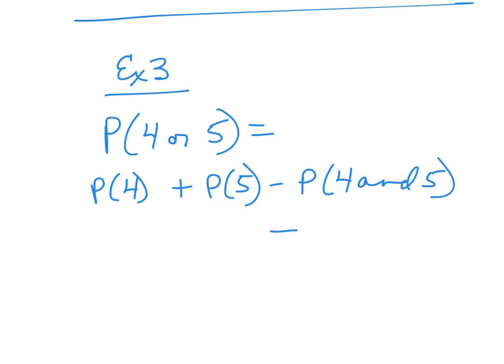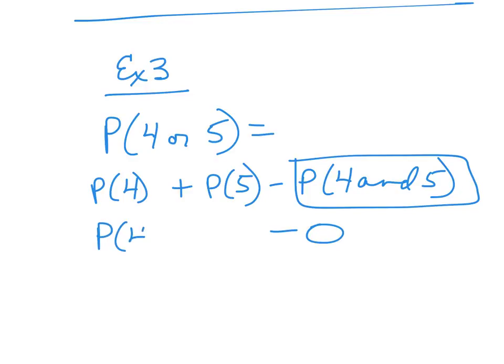But that last thing, 4 and 5, are disjoint. They're mutually exclusive events because you cannot have both 4 girls and 5 girls at the same time. So the probability of that is 0. So to work this problem, we've got to find the probability of 4 and add it to the probability of 5. So we've got two separate little problems here.